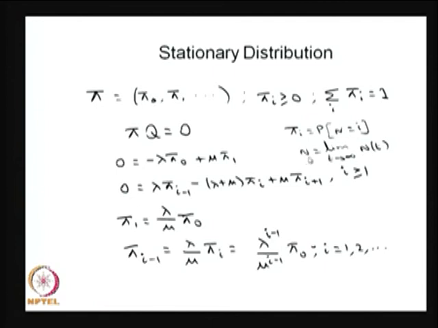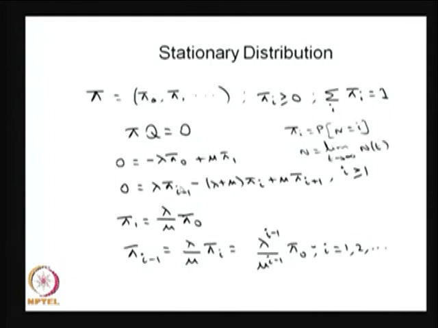That long run is defined in this way: N(t) is a stochastic process, and as t tends to infinity, the number of customers in the system in the long run is going to be N, and pi i is nothing but the probability that i customers are in the system in the long run. So, now we are going to solve pi Q equal to 0 with the normalizing equation summation of pi i equal to 1.